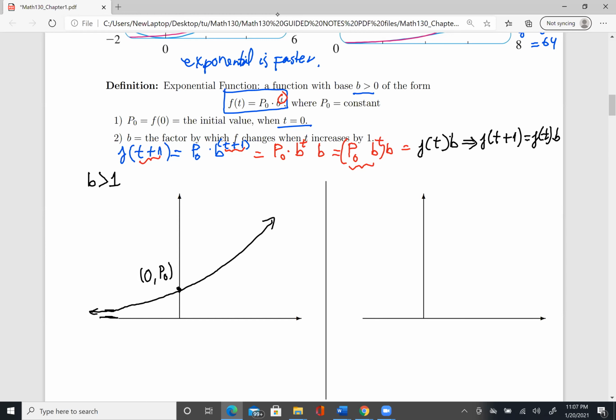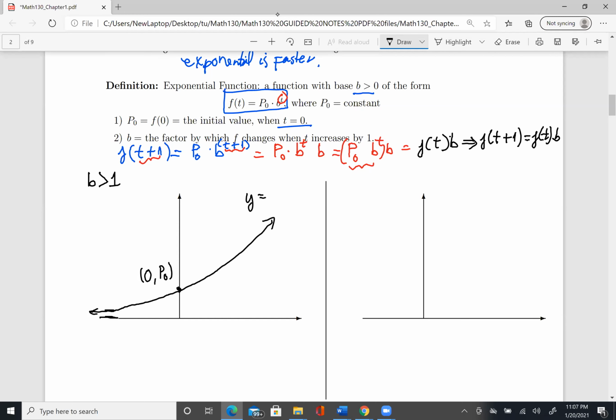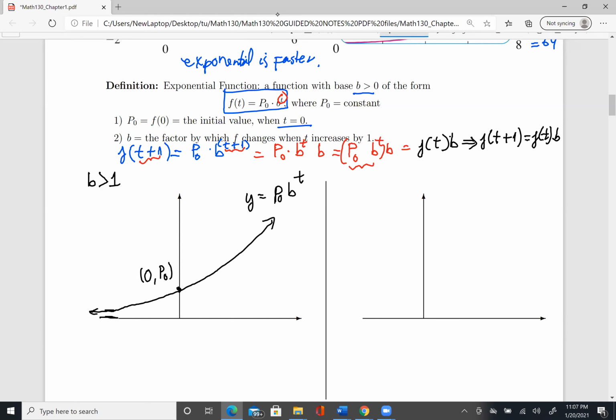This is the function y equals p0 times b to the power t. Since the curve will never touch the line t equals 0 over here, it's called an asymptote.